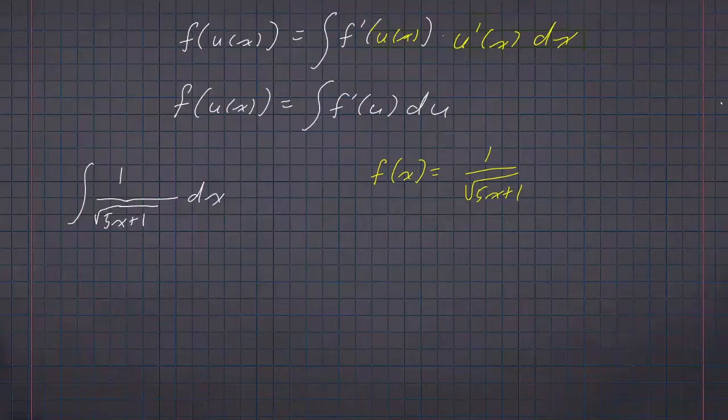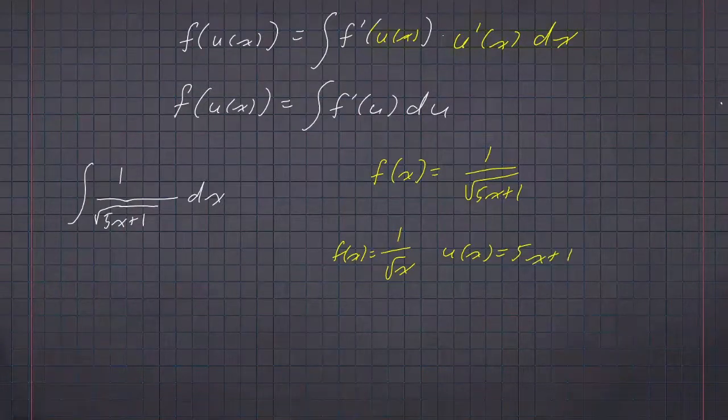Our object function, f of x, is 1 over the square root of 5x plus 1. We can rewrite this thing as a composition of two functions. This is separately one over the square root of x evaluated at 5x plus 1. And so that's how we're going to perform our substitution.